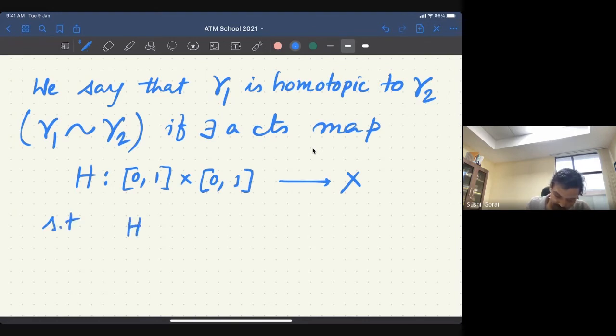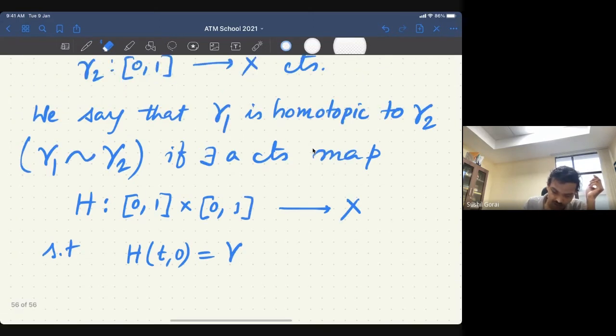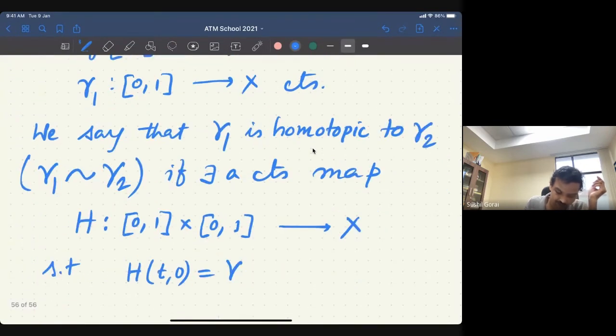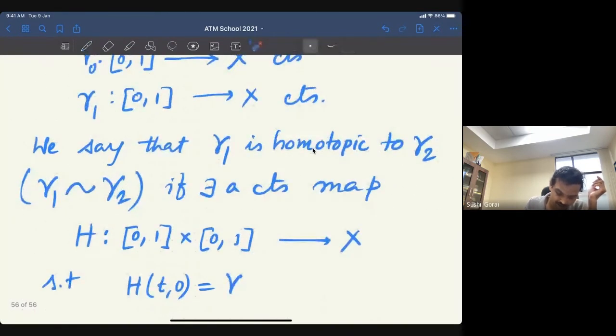H of t comma 0 is, I'll give you a picture. Actually 0, 1 makes more sense because it is easy to remember. Let me consider 0 and 1, because it's 0 and 1 here. Here it is 0 and 1, it matches nicely.